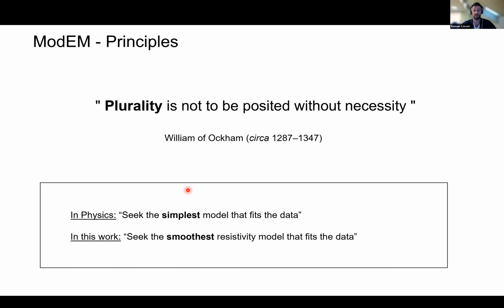It means that in my research, I will be seeking the smoothest or the simplest resistivity model that will fit the observations. This is the decision that I took, not to include, for example, constraints from known geological boundaries, and let the data speak. Other people have done joint inversion, but this is using MT-only inversion.